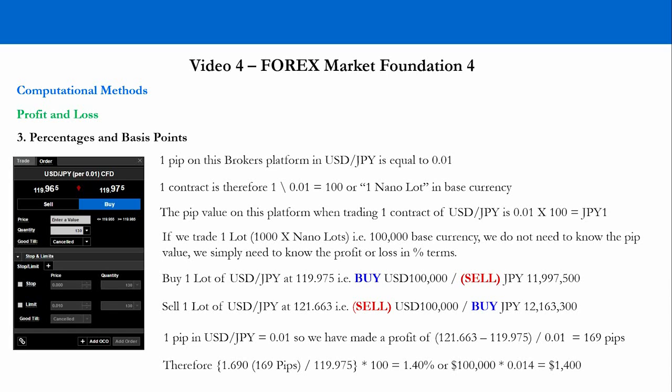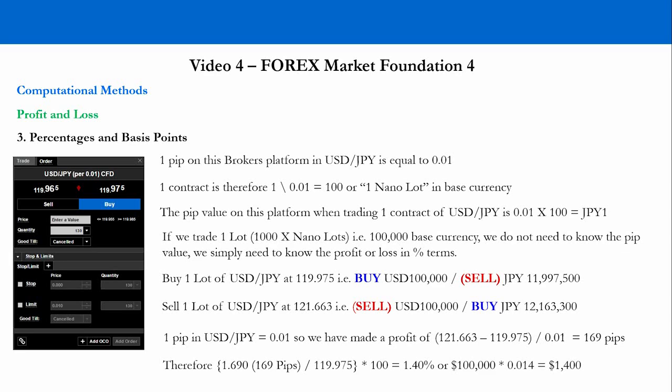And if we trade 1,000 nanolots, so we're trading 1 lot, if we trade this size, it actually doesn't matter. It doesn't matter to the profit or loss in terms of working out, because we don't need to know the pip value.